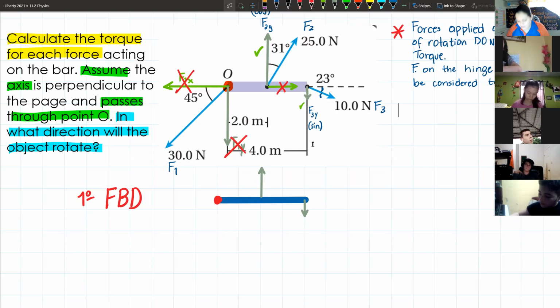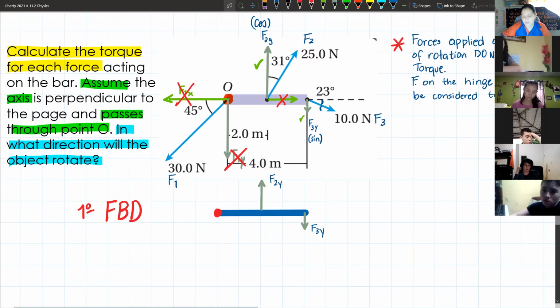After I put the forces, I'm going to name them. This is F2Y and this is F3Y. After I name them, I'm going to put the lever arms. So this will be my first lever arm.